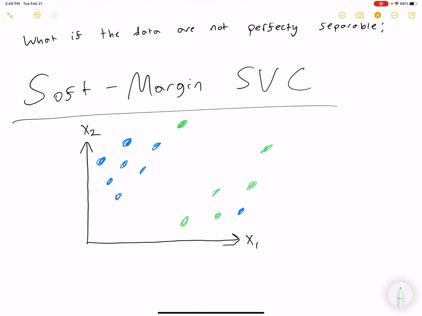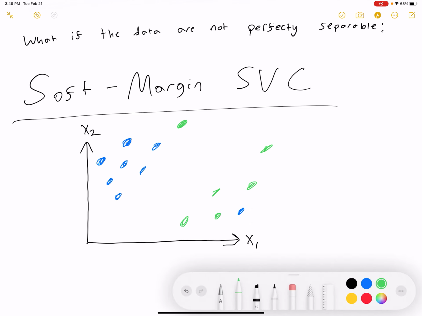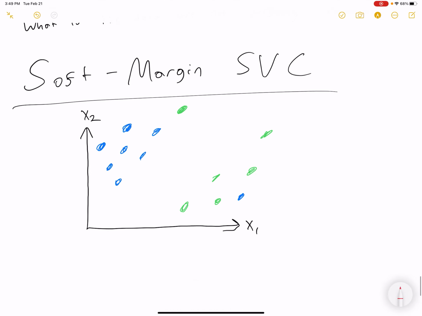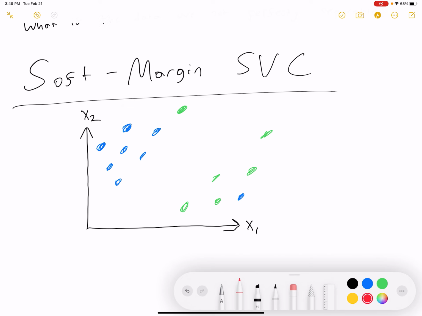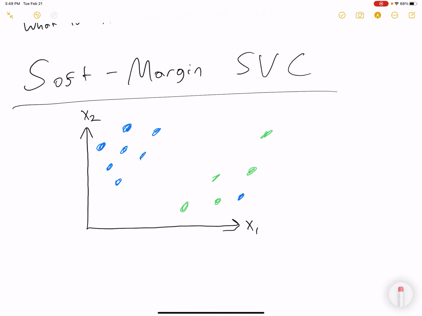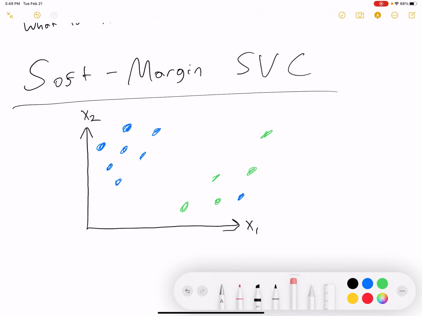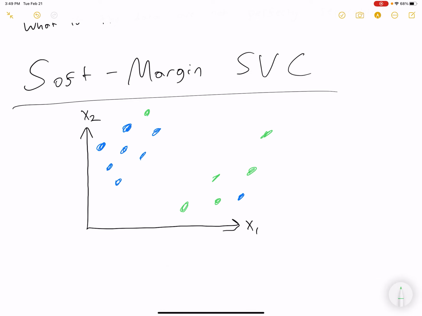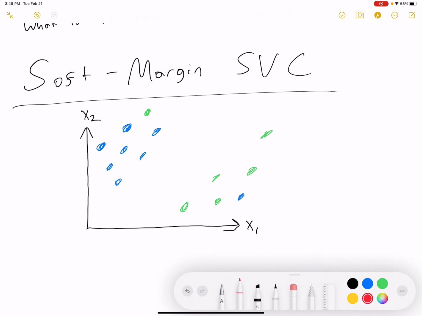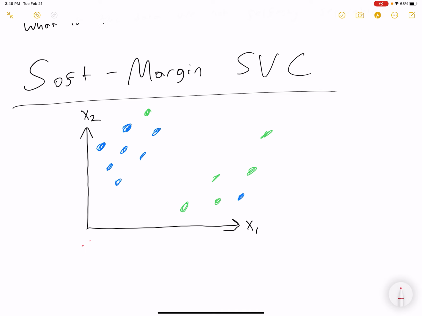So the data is mostly linearly separable, but not perfectly so. So what we do in a soft margin SVC, I'm going to draw the screen a little bit behind here just to make this picture a little nicer. We still want to find a maximally separating boundary, just like with hard margin.